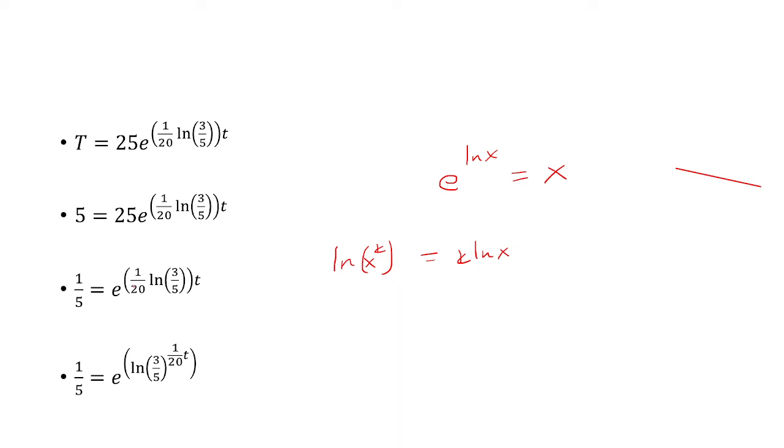So the 1 over 20 is going to be the exponent of 3/5, and the same thing with t. So now I have it as e to the ln of x, where x is equal to 3/5 raised to the 1 over 20 t. So what happens is e cancels, and you're going to be left with 3/5 raised to the 1 over 20 times t.